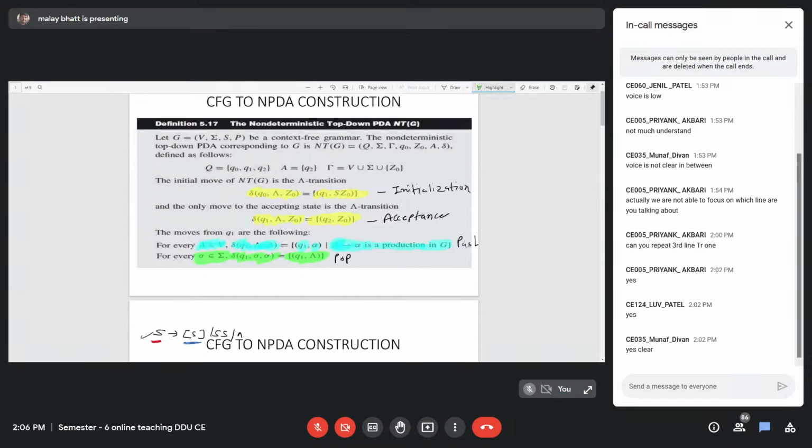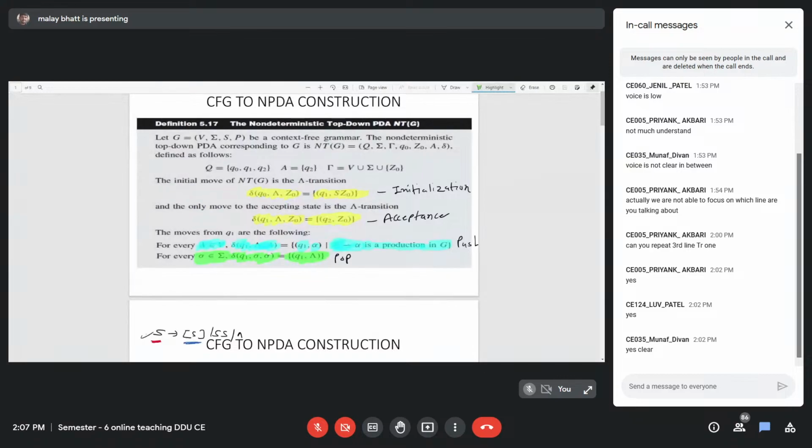We get S on the stack because we want to achieve top-down parsing. We want to derive the string from the starting symbol. That is the ultimate goal. So Q0 null Z0 will give us Q1 SZ0. That is the first rule.